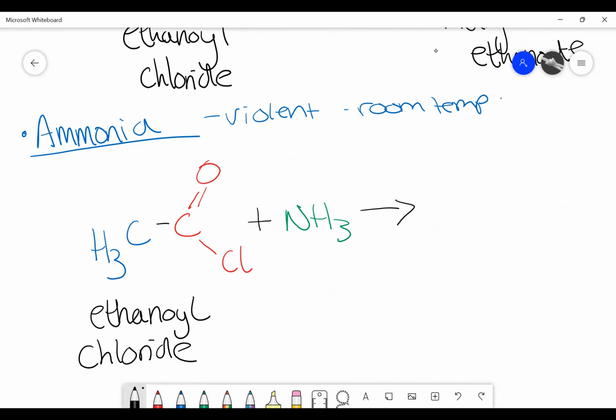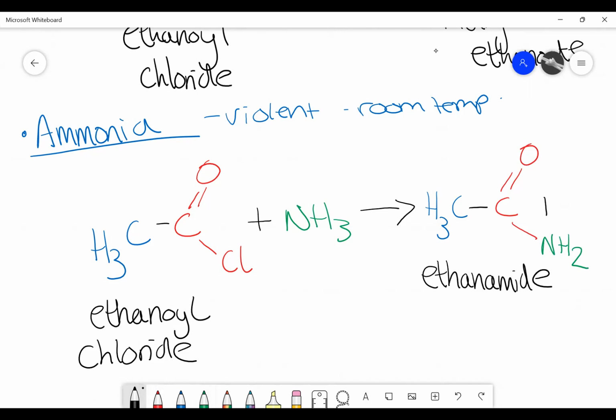And what we get produced is this. We will get ethanamide. We still have that carbon with a double bond oxygen from the ethanoyl chloride, but this time coming off that carbon from that functional group, we have NH2, which then will make that ethanamide.